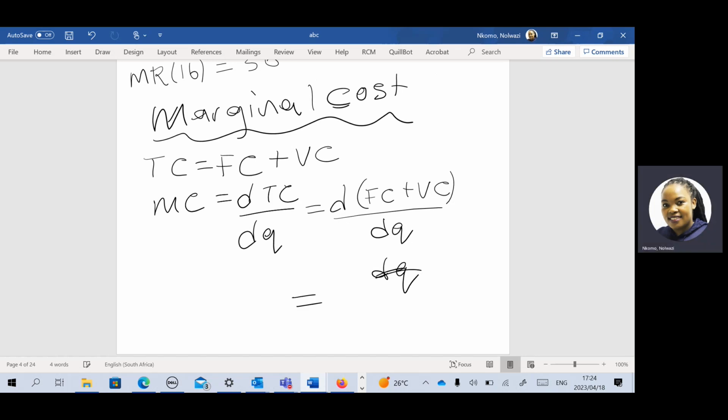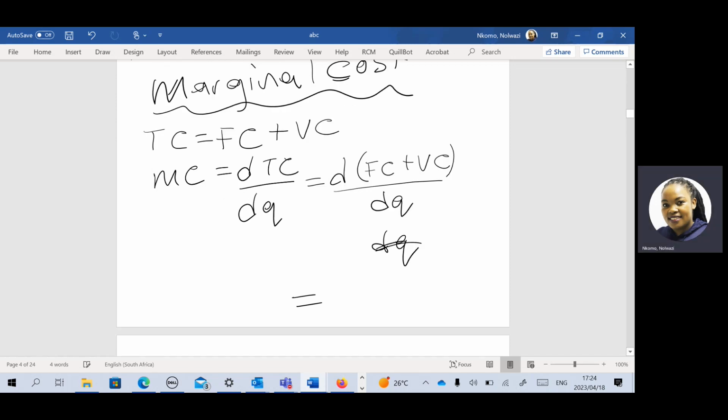But we know that fixed cost is a constant. It's just a fixed amount. It doesn't vary. It doesn't have Q in it.